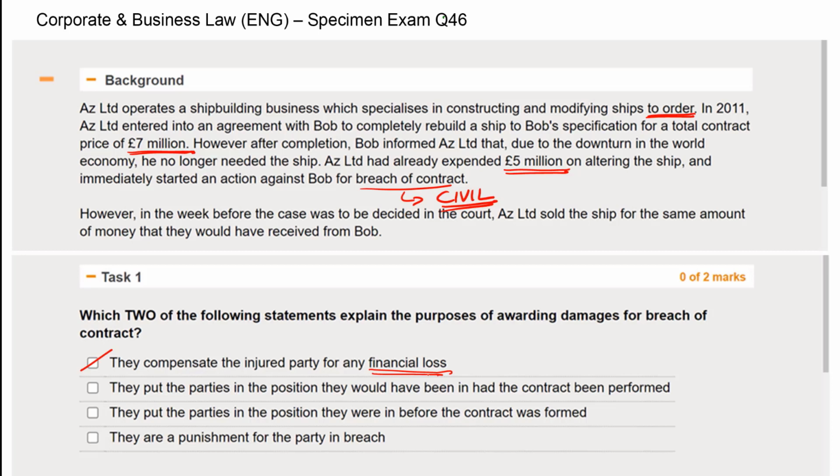And the key to this as well is that they are designed to put the parties in the position they would have been in had the contract been performed. Now that is very different to putting people back in the position they were in before the contract was formed. So here's a practical piece of advice for you.